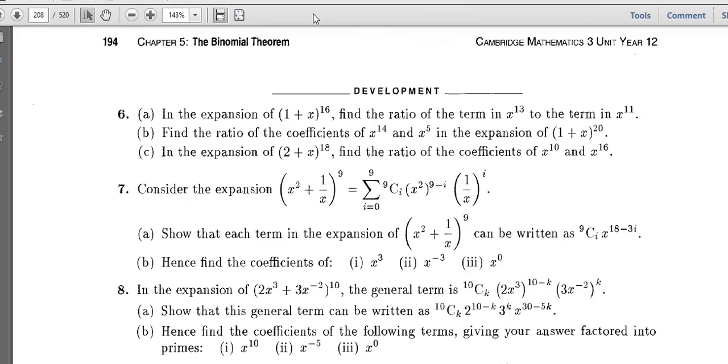So the ratio of the term in x to the 13 to the term in x to the 11. The term in x to the 13 would be 16 c k times x to the k, and 1 to whatever power doesn't really matter.